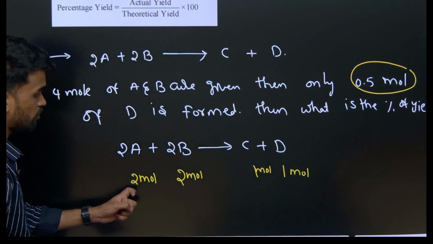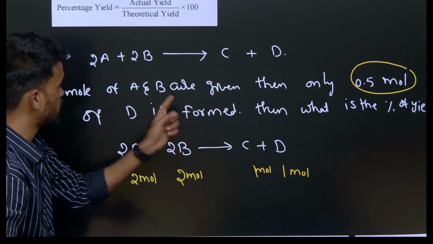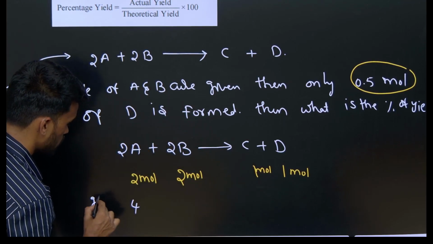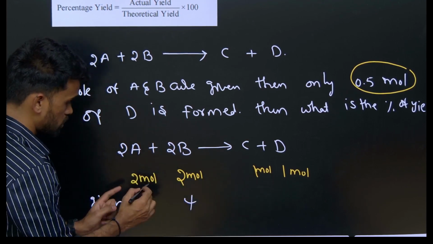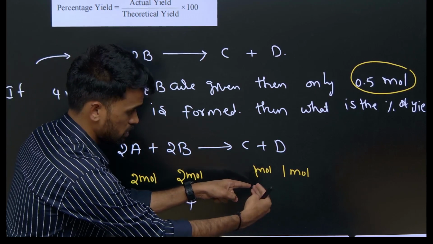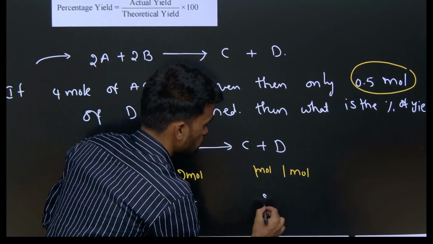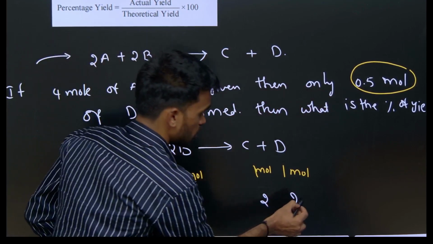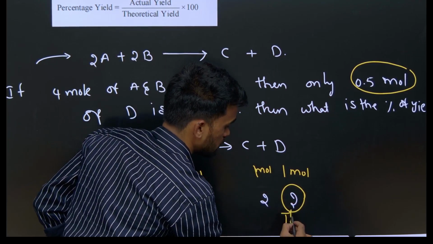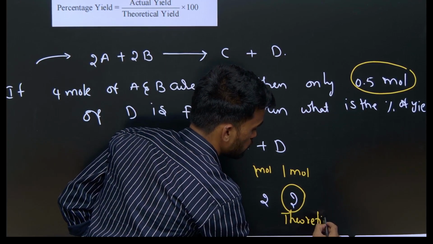For every 2 moles we are getting 1 mole. It means for every 4 moles given, for 2 it is 1, so for 4 it should be 2. But how much are they getting? 0.5. So what is the theoretical yield? The theoretical yield is 2 moles.